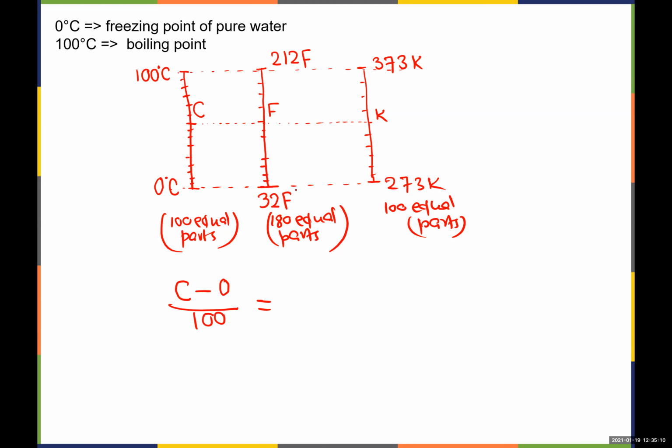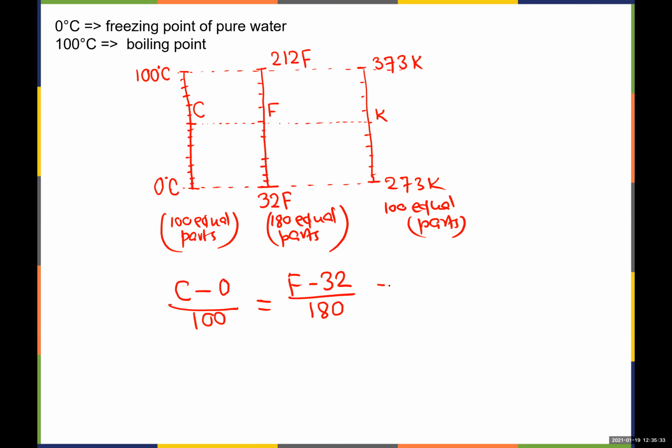This should be equal to F, the temperature we want to find, minus 32, where 32 is the lower level, over the 180 parts.